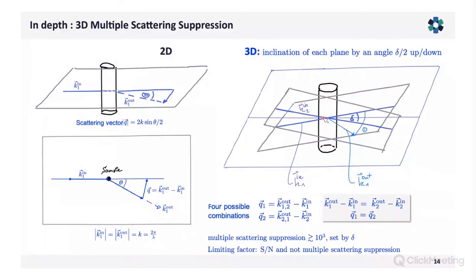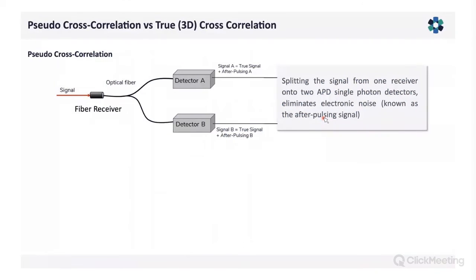Next, I would like to comment on the difference between what we call true cross-correlation, which would be 3D cross-correlation, and pseudo cross-correlation, because other common instruments also allow for cross-correlation, but this is simply meant to eliminate detector noise.